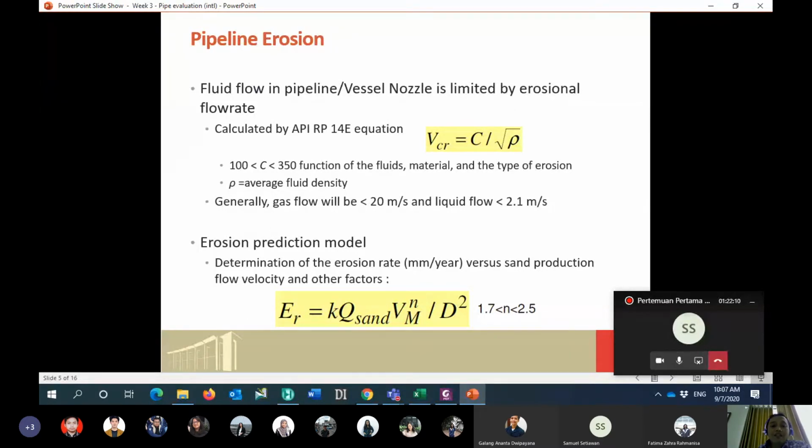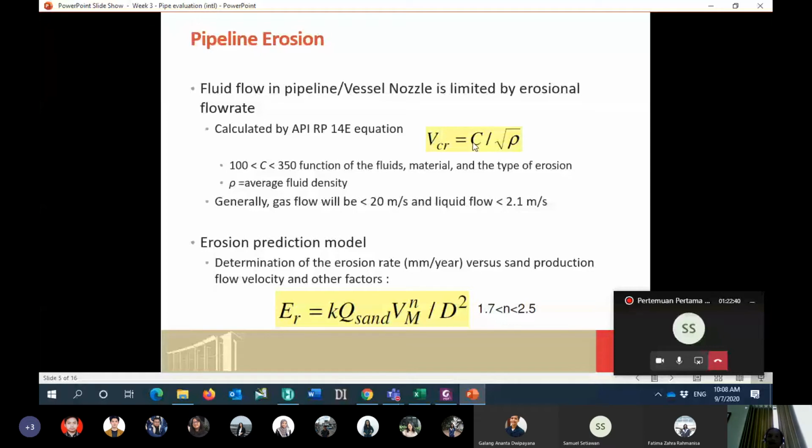In order to calculate the linear velocity, you have to know the material that you use for the pipe, and then the density of your fluid. So V_cr, the critical linear velocity, is equal to C, which is a function of the fluid, material, and type of corrosion.